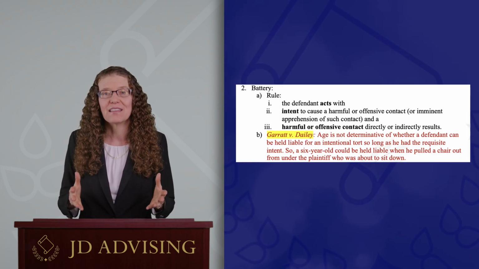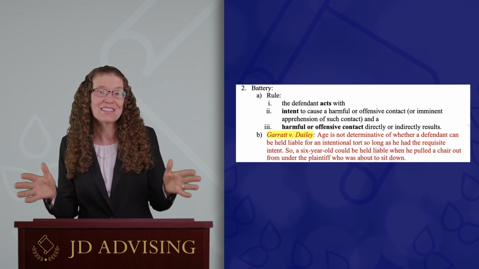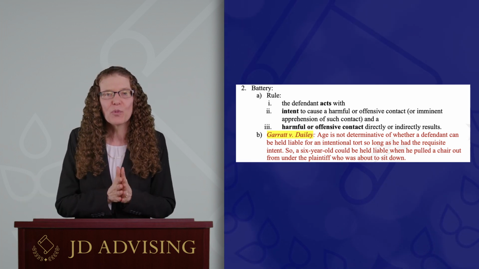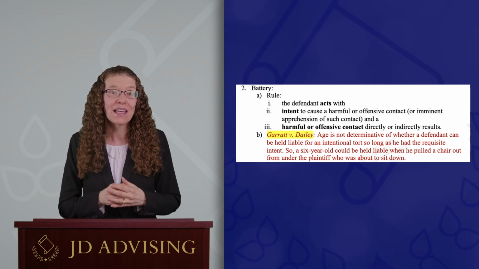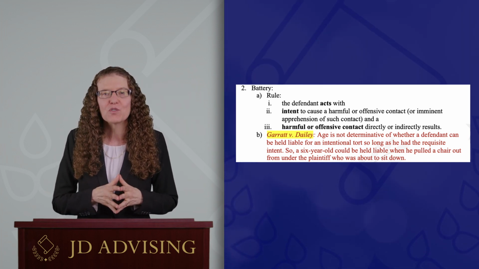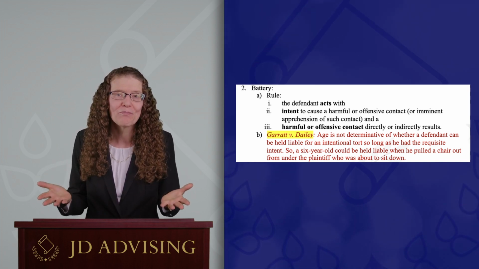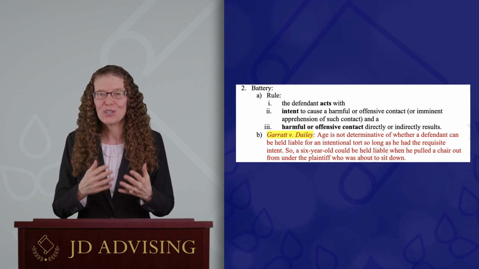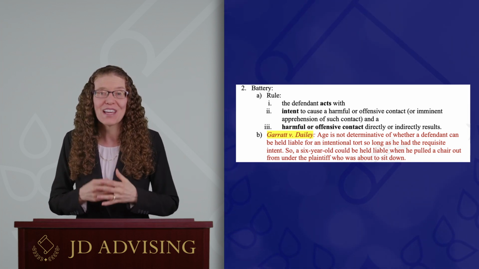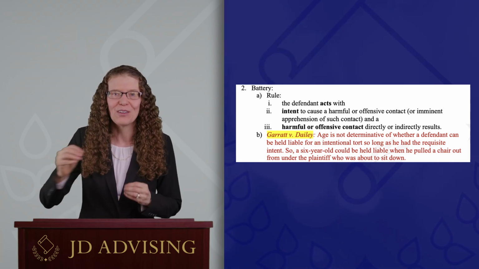Starting with the Garrett case, this is a fundamental torts case that almost everyone reads in law school when studying intentional torts. Your professor may use this case to explain a couple of concepts. For example, they may use it to explain intent or battery or both. No matter how your professor uses the Garrett case, they are likely to spend a lot of time talking about it. So, this case should go in your outline.